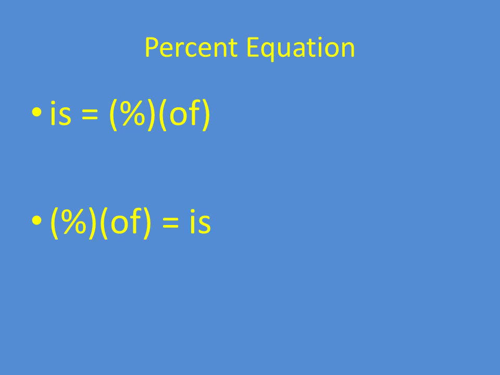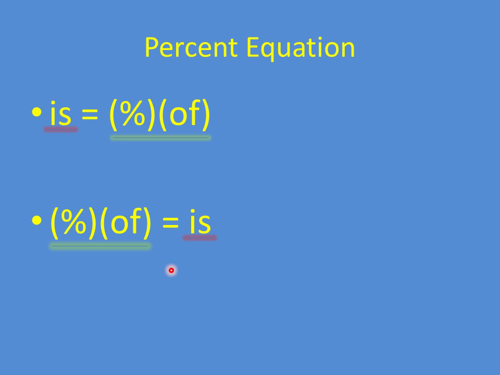I can rewrite this equation just like this. So this time I've got the is on the right side of the equation, and I have my percent of on the left side.